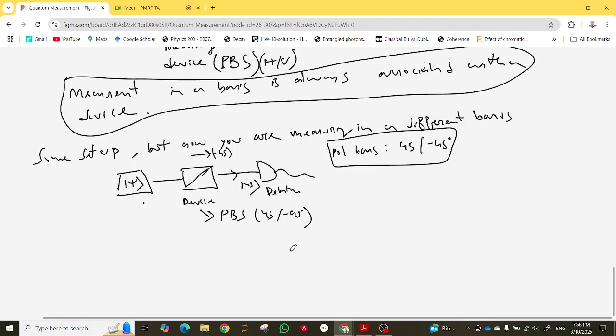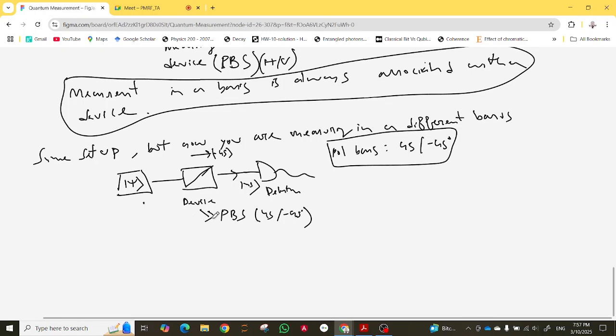When you start the experiment, first you fix that I want to measure this. Then check your measurement is in which basis, HV or plus 45, minus 45. If your measurement is in HV, then choose beam splitter 1. And if your measurement is in plus 45, minus 45 degree, you choose beam splitter 2. That's how you do the experiment.